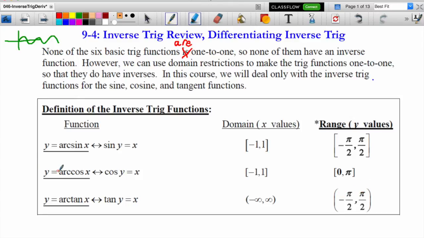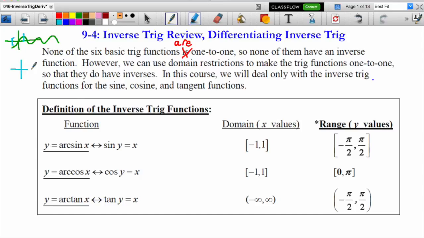For cosine, we have to use a different value. Sine and tan are both monotonic from negative pi over 2 to positive pi over 2. We're basically chopping it off here and here. It's monotonic on that range.